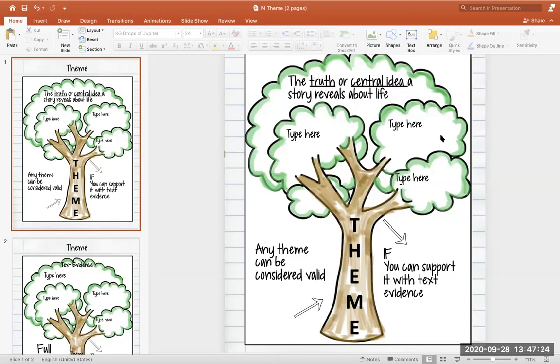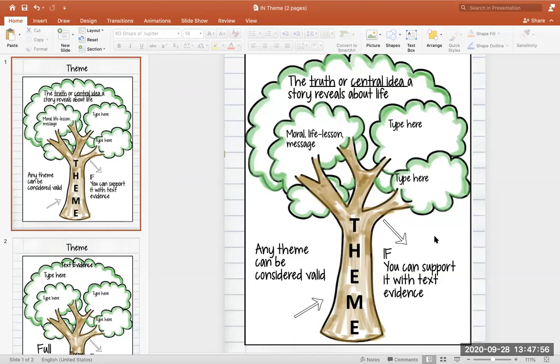Okay, another thing theme is a moral, life lesson, or message. Another thing it is, it's a debatable opinion. And what that means is somebody else can come up to you and say, okay, I think it's something else.